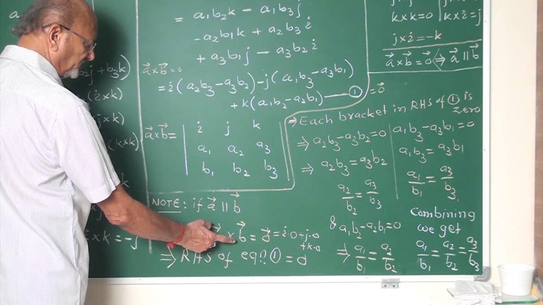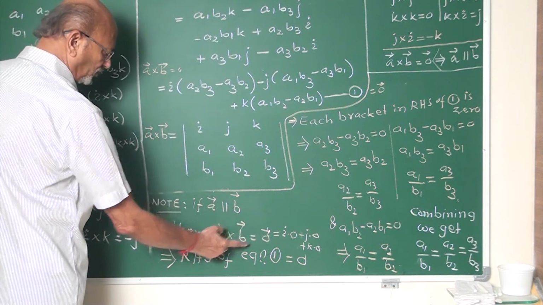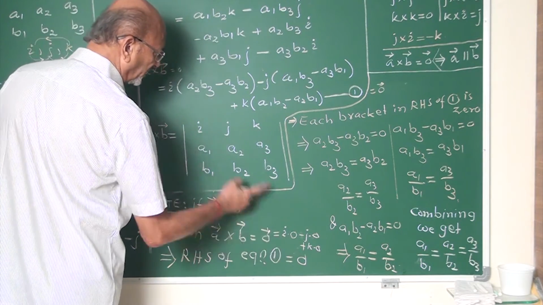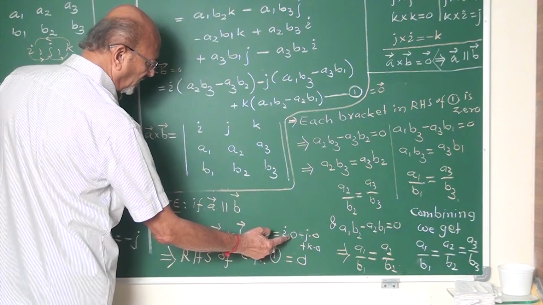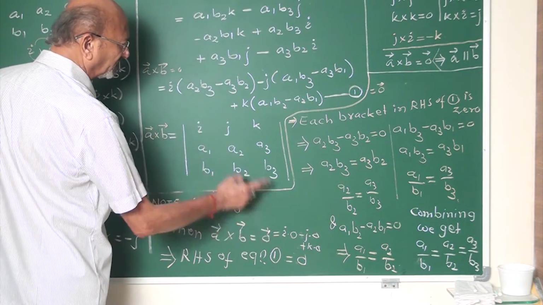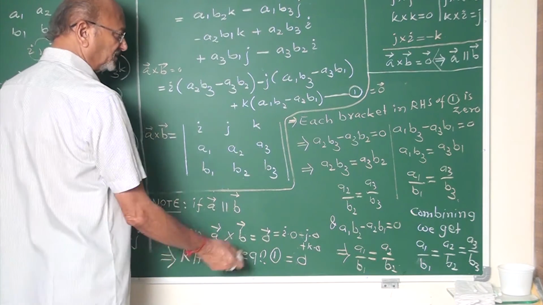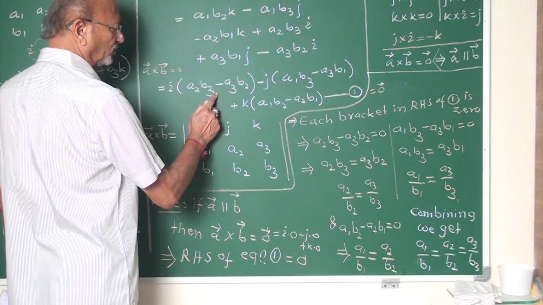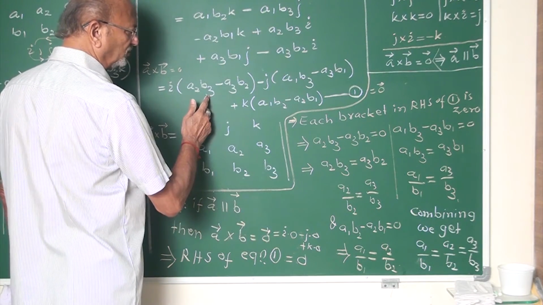The RHS of equation 1 is 0, which can be written as i into 0 minus j into 0 plus k into 0. Instead of writing all these things again, just write symbolically: each bracket in the RHS of 1 is 0.